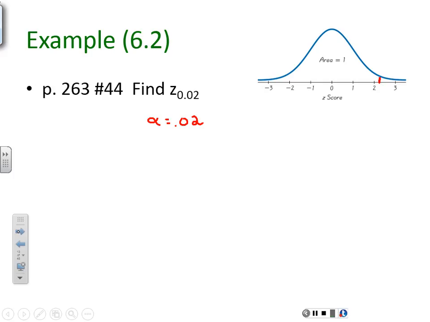So I'm only wanting to have 2% as my area to the right. If I'm given the area, we need to figure out the cumulative area from the left to be able to read it from our tables. So if I want the top 2%, that means I'm also finding the bottom 98%. So when we take that 1 minus the 0.02, we're looking for the 0.98. So find the 0.98 in your table.